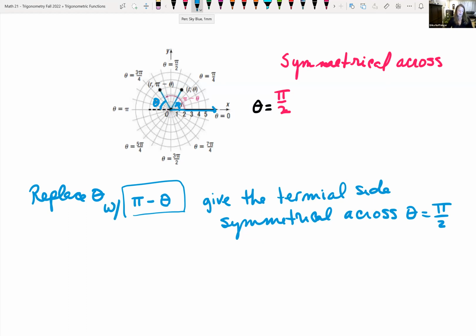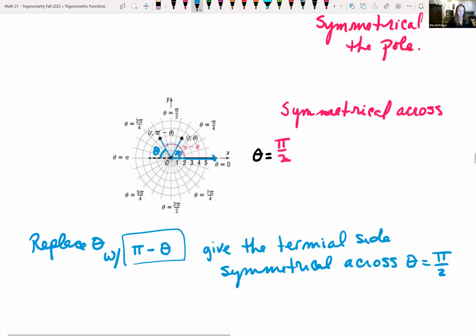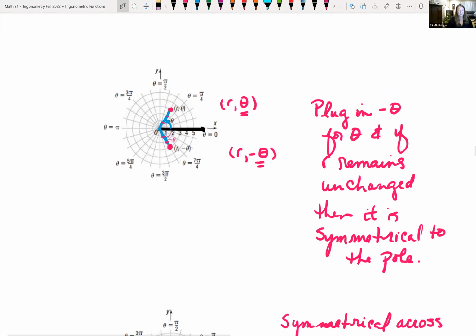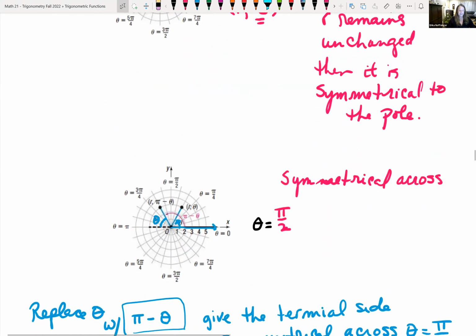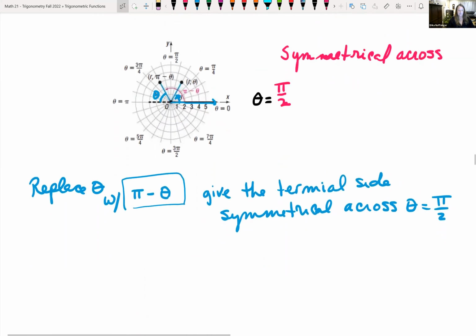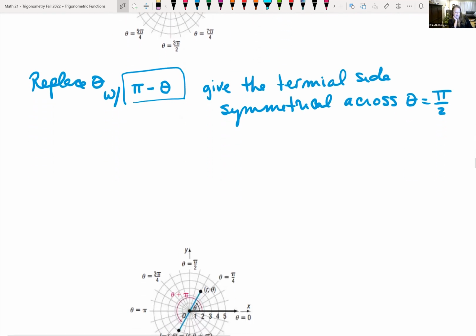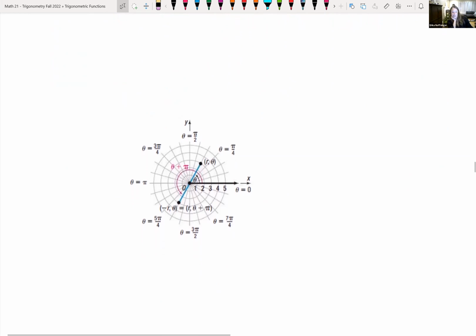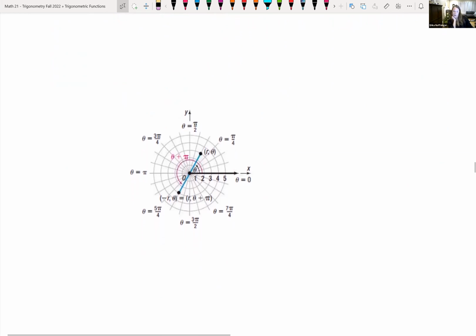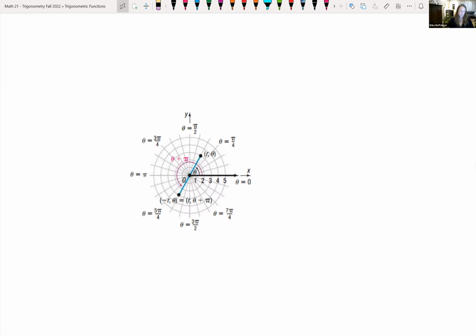So one other type: we saw something symmetrical to the x-axis, and in rectangular coordinates, the y-axis. Now think of it as across the origin. In this case, for our polar coordinates, it's across the pole.